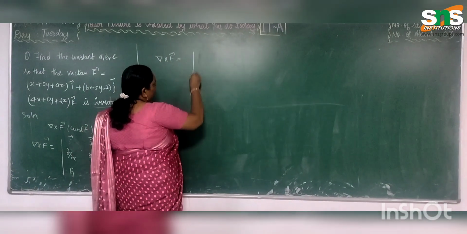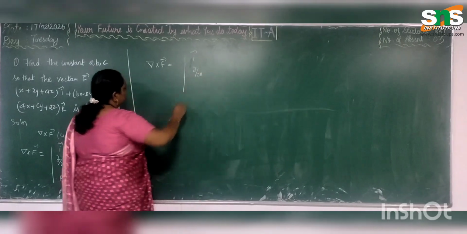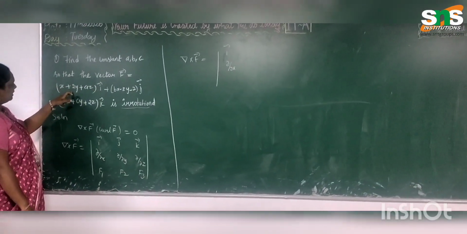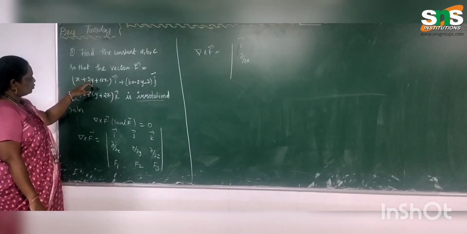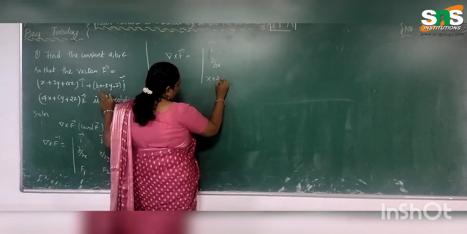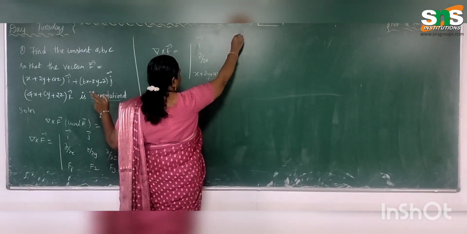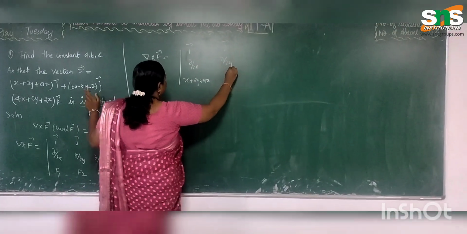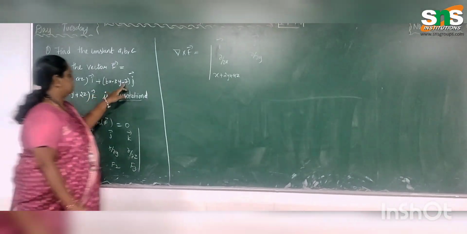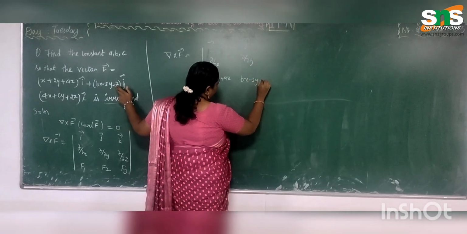So which is equal to i vector, dou by dou x. Here f1 is x plus 2y plus az. For j vector, dou by dou y, f2 is bx minus 3y minus z.